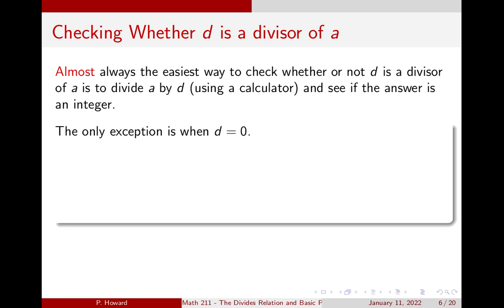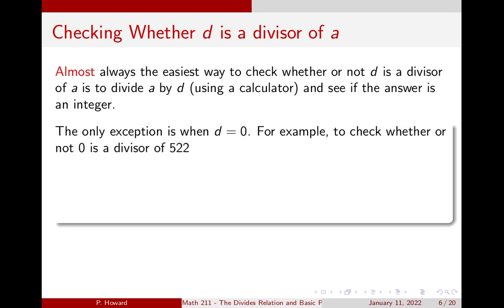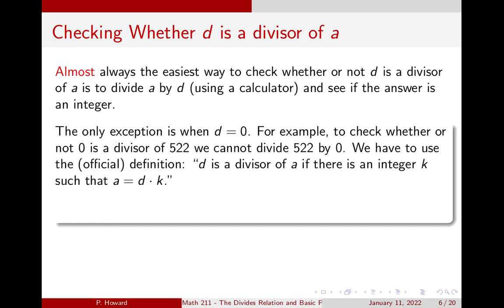The only exception is the case where D equals 0. For example, if you want to check whether or not 0 is a divisor of 522, you can't divide 522 by 0. If you try it on your calculator, you'll get an error message. So we have to go back to the official definition to check the divisor relationship when D is 0.